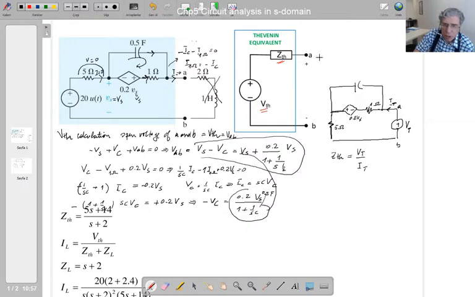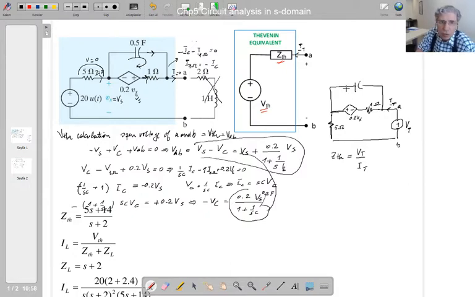If you apply a Vt here, terminals A and B, independent voltage source Vt, that voltage source over that It current is going to be equal to that ZTH. So that is the rule of calculation of ZTH. So my aim now in this circuit, calculate this It current in terms of Vt.